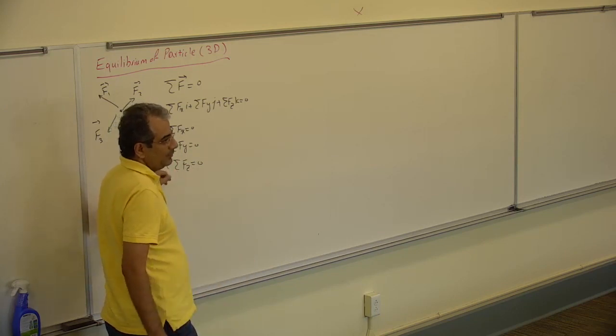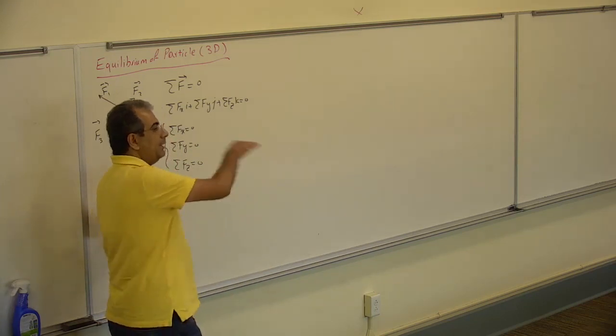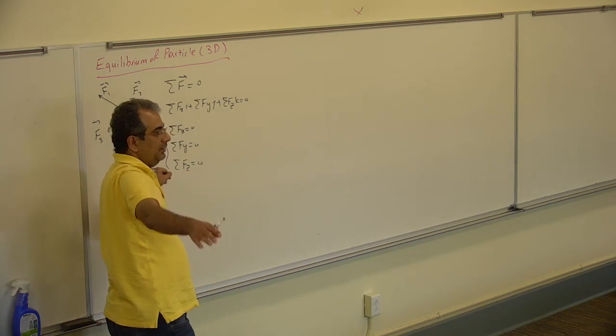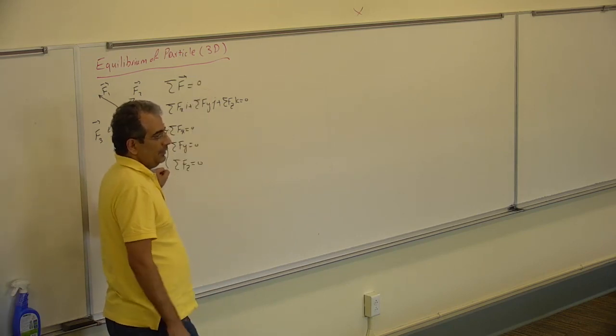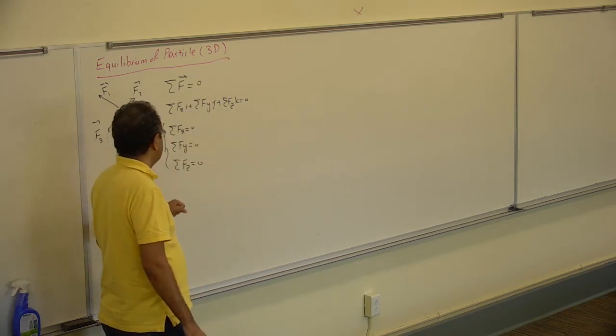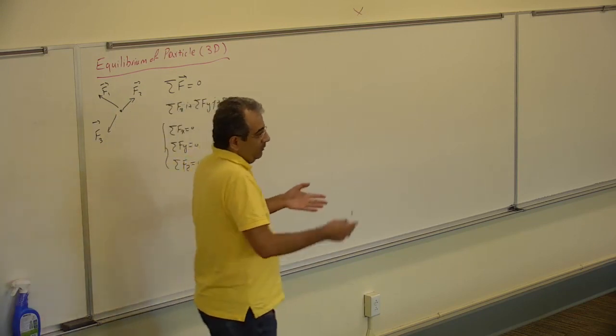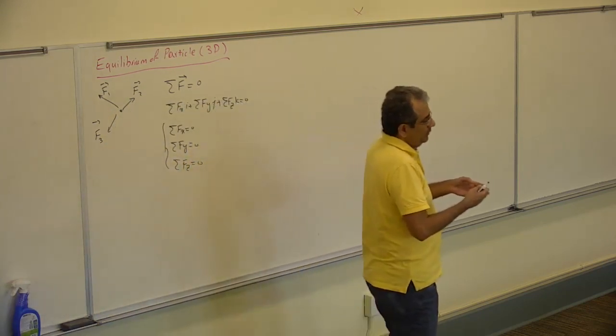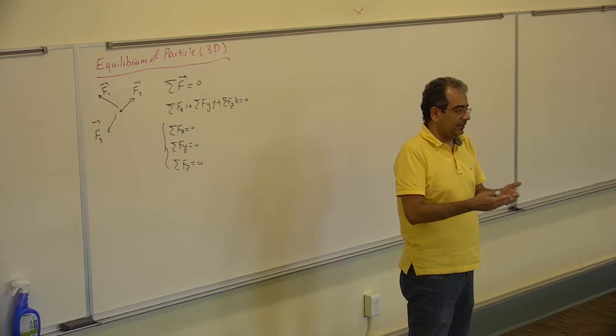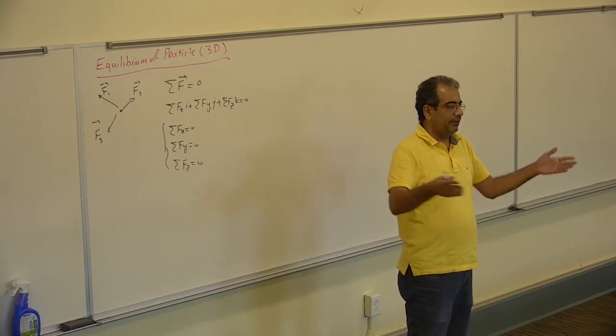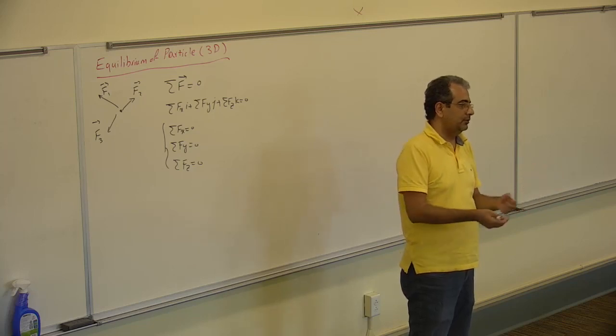They cannot cancel each other. Everything along the x should cancel each other. Everything along the y should cancel each other. When it is 0, either you don't have any component in that direction, or if you have, when you add them together, it should be 0.